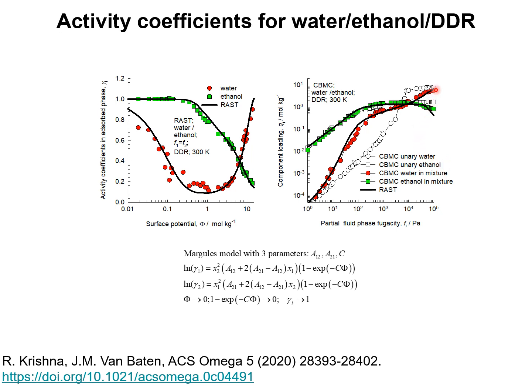It is to be expected that the RAST would match the component loadings determined from the CBMC simulations, because indeed the CBMC data have been used to back out these three model parameters. Now, there is no a priori method to determine the activity coefficients for mixtures in zeolites and MOFs, apart from the use of CBMC simulations.